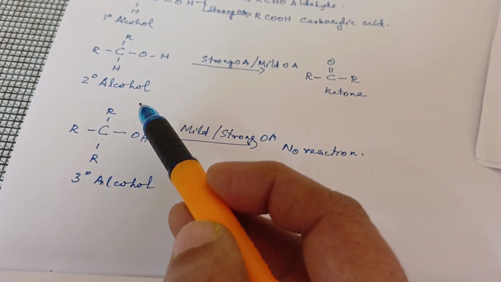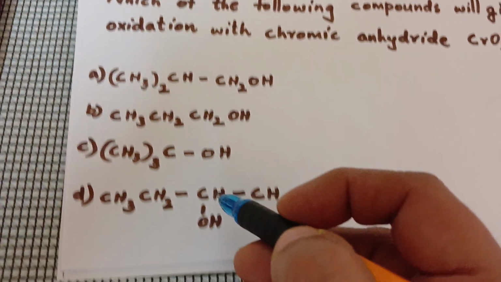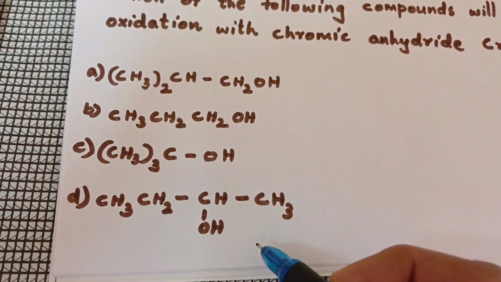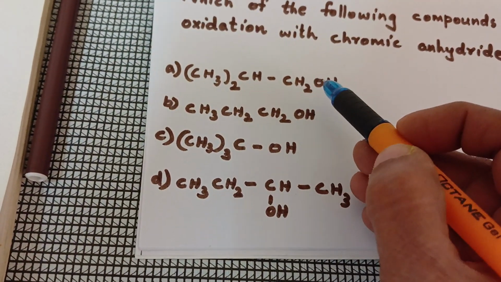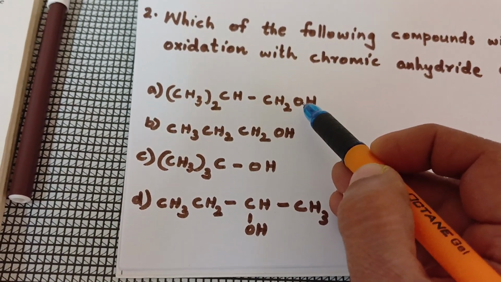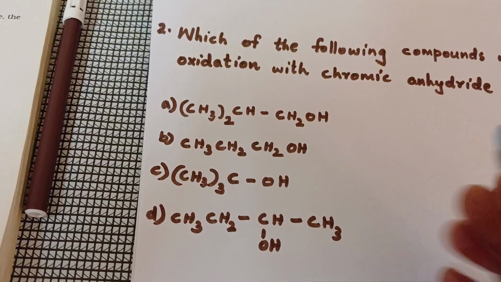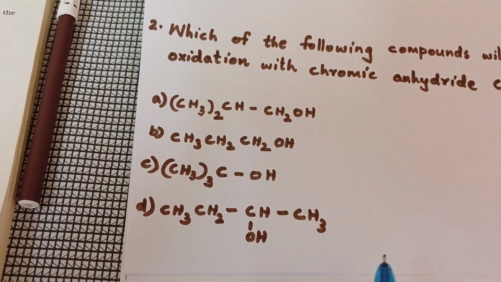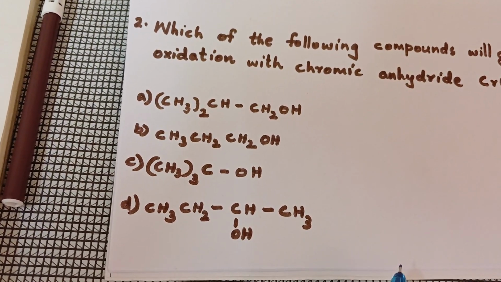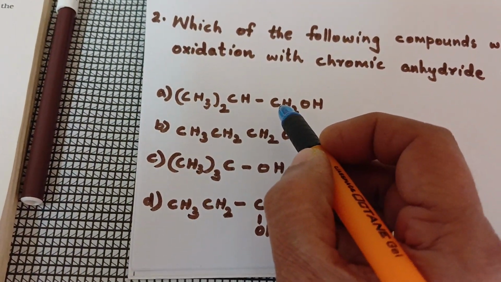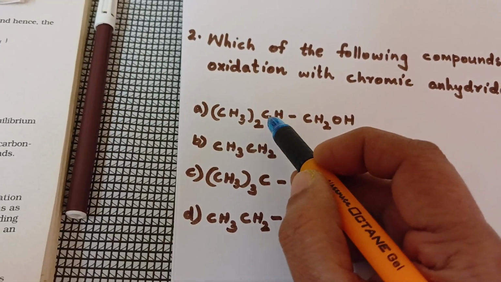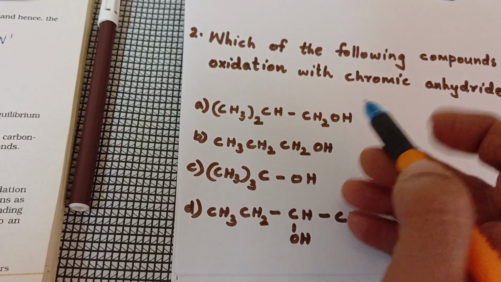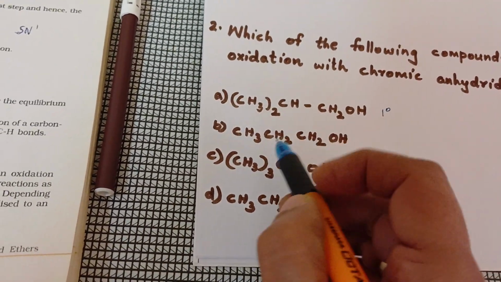So we need to find which of these is a 2-degree alcohol. 2-degree means the carbon containing the alcohol group is attached to 2 other carbons. Say here, this is the carbon having the OH group on it. It is attached to only one other carbon. So this is a primary, or 1-degree, alcohol.